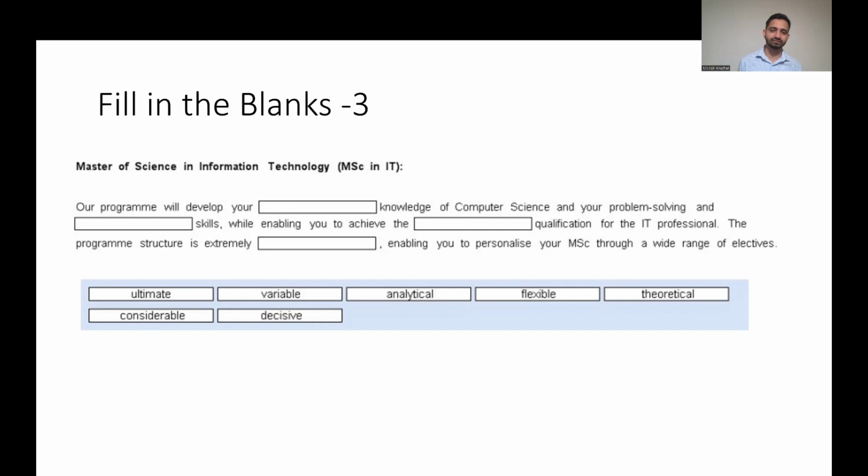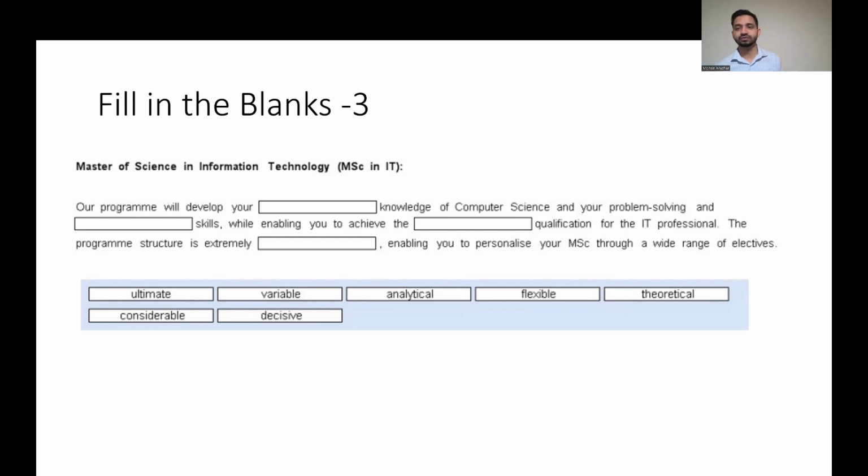We're looking for an adjective, right? So either analytical or theoretical could be correct here. Knowledge of computer science, but at the moment I'm just going with analytical. Knowledge of computer science and your problem solving and analytical skills or theoretical skills.